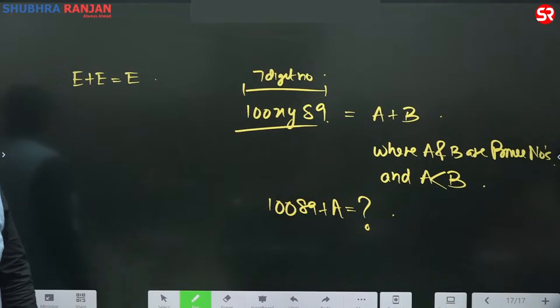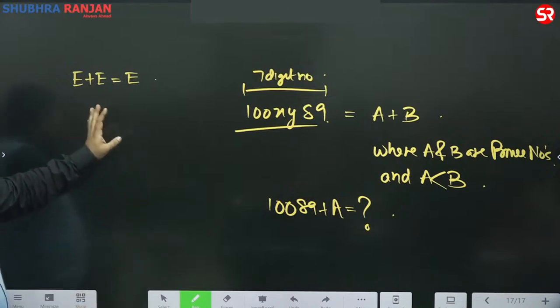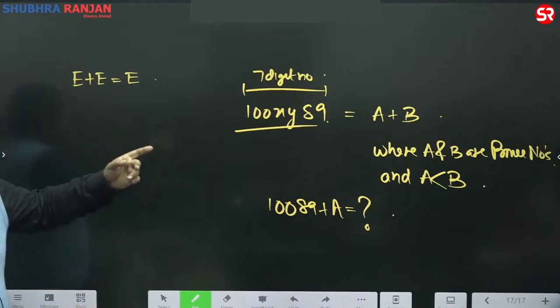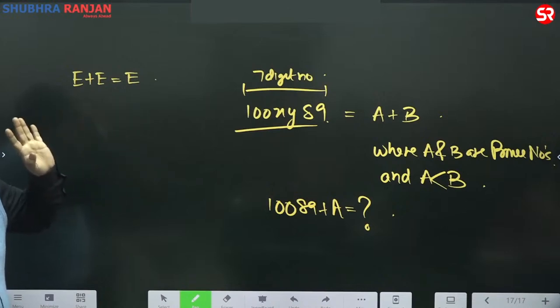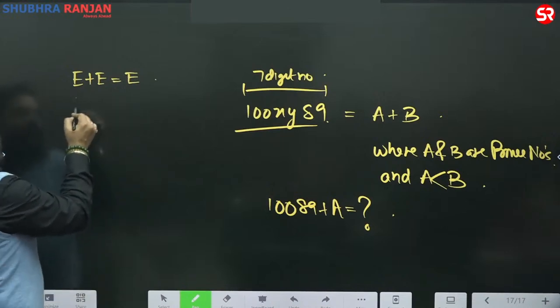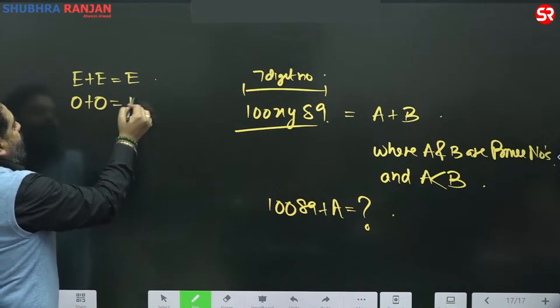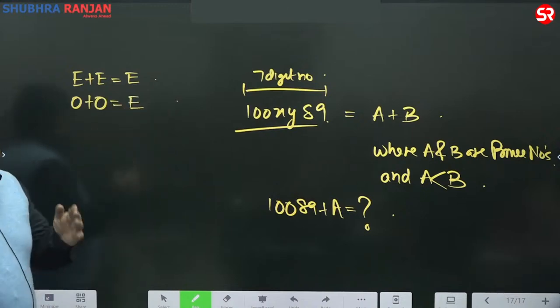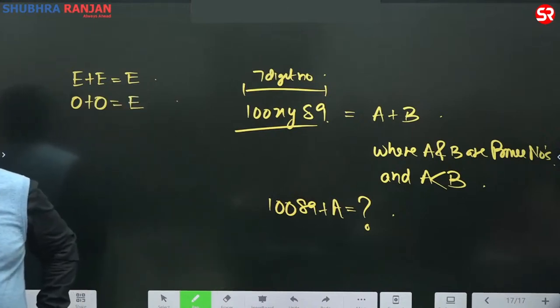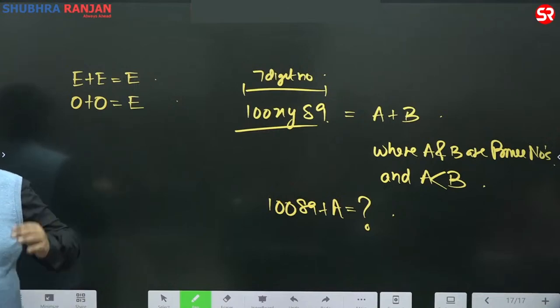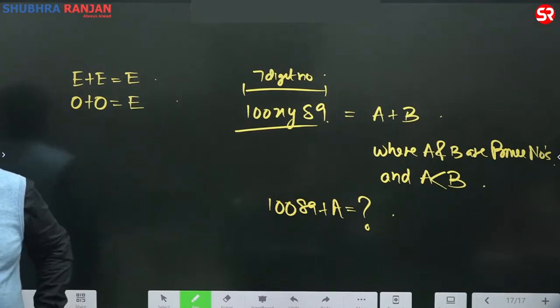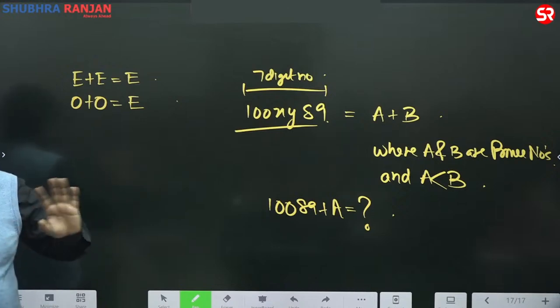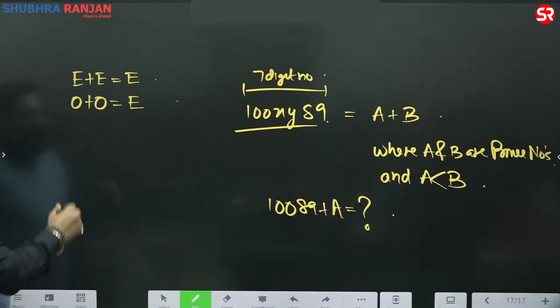Even plus even is even. 2 plus 4 is 6. Now, what is odd plus odd? Again even. 3 plus 5 is 8. 3 plus 7 is 10. Clear? And what is even plus odd?